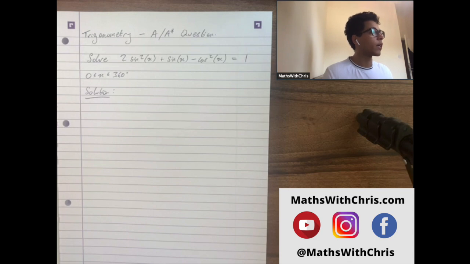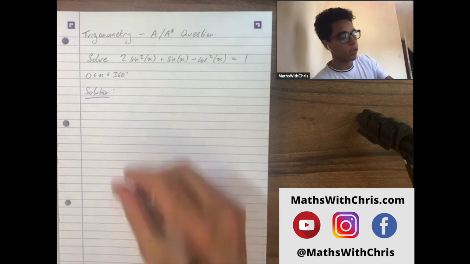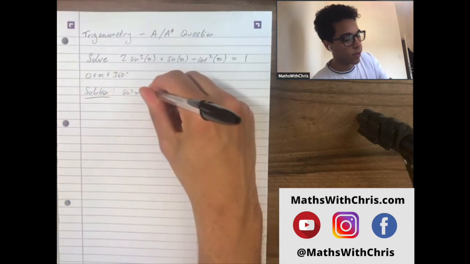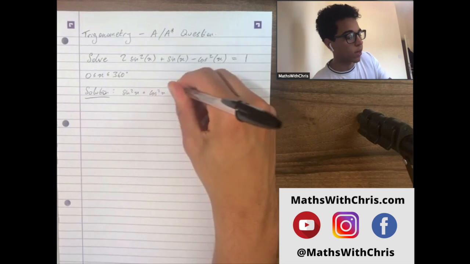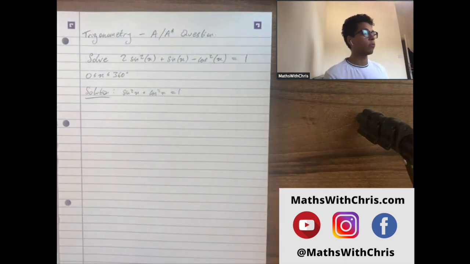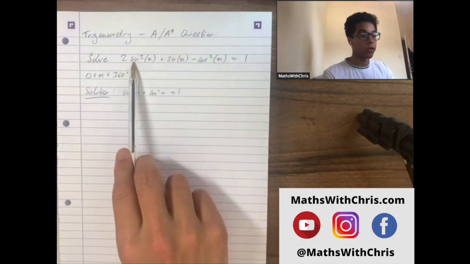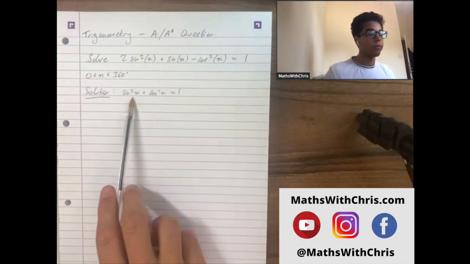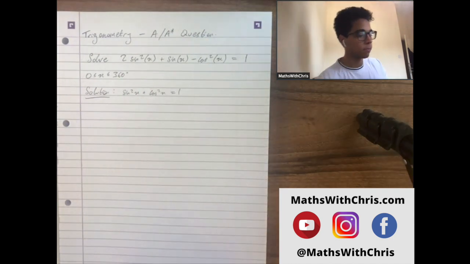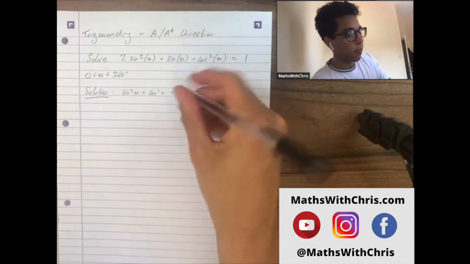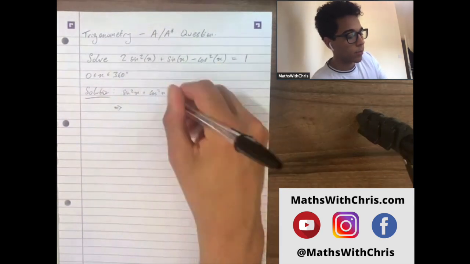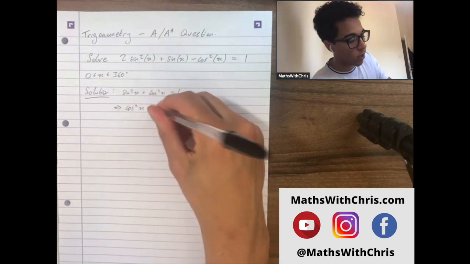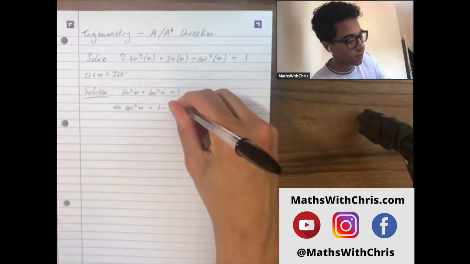Yeah, sine squared x plus cos squared x equals 1. We think this is going to be useful because we've got sine squared, we've got cos squared. So let's rearrange this. Let's make cos the subject. Cos squared of x equals 1 minus sine squared of x.